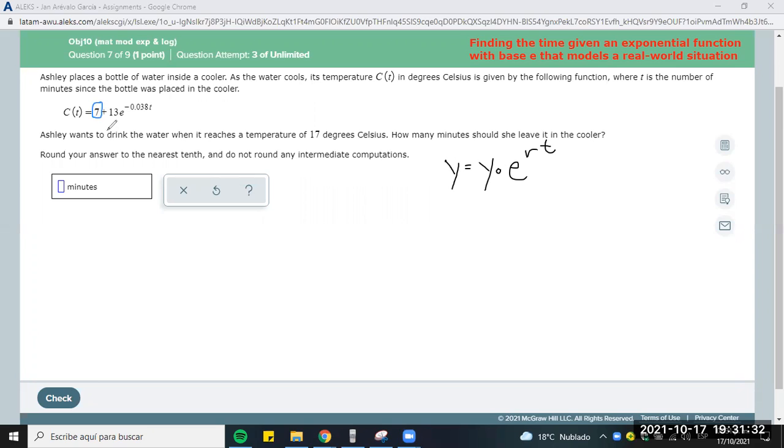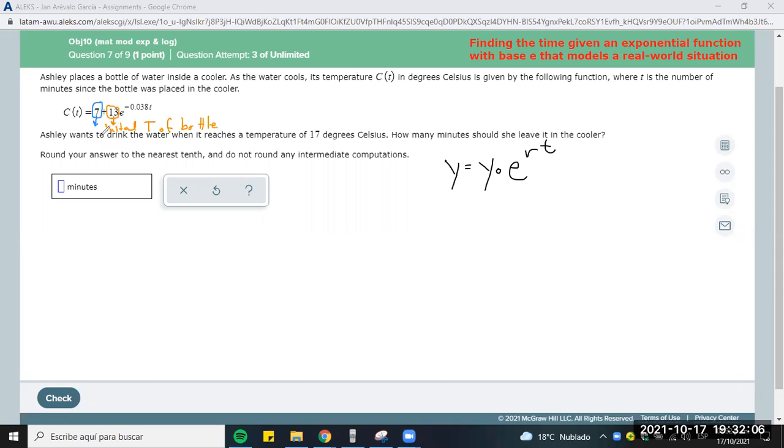This is not necessary to understand the whole problem or the whole situation, but remember that we said that 13 is the initial amount, or initial temperature in this case, of the bottle of water. Initial temperature of the bottle.